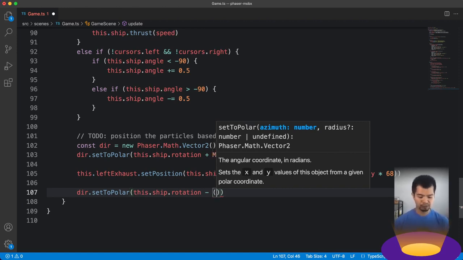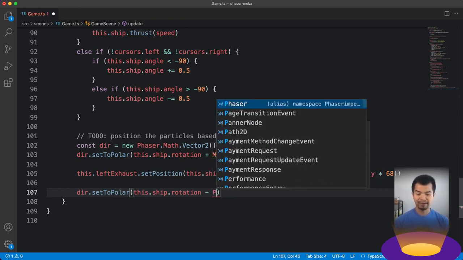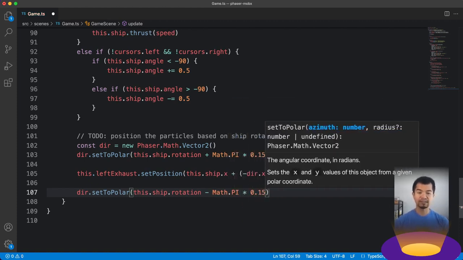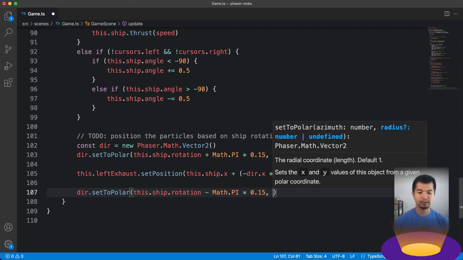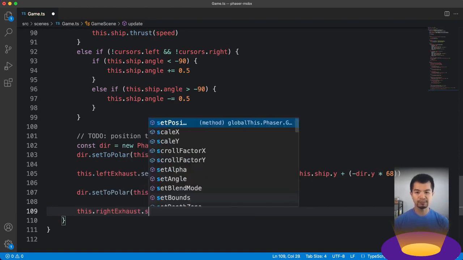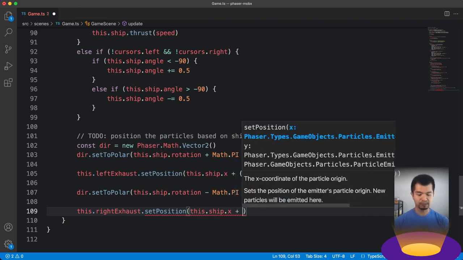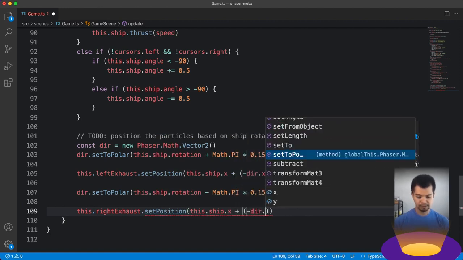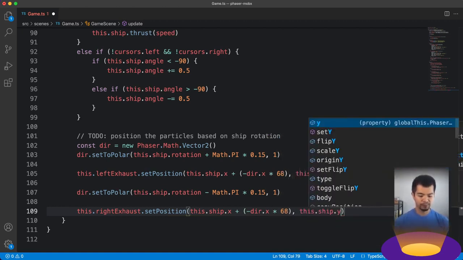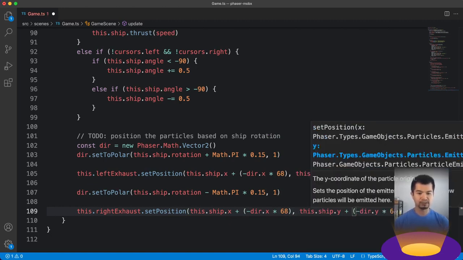Same idea here, Math.PI times about 0.15 of it, giving it close to 30 degrees, and the same length, a radius of 1. And then this.rightExhaust.setPosition, this.ship.x plus minus direction.x times 68, and then this.ship.y, same thing, plus minus direction.y times 68.